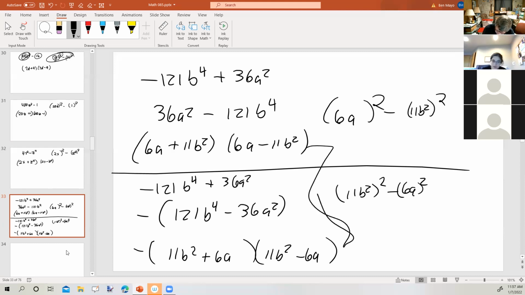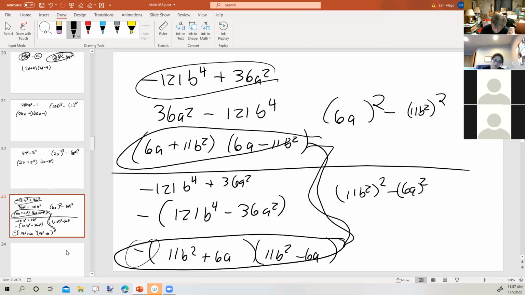And these two answers are equivalent. Don't forget that negative sign, it's part of the final answer. So if you're dealing with a binomial and you want to know if it's the difference of two squares, it's got to be written as a difference, either by commuting the terms or by factoring out a negative. But these are both correct answers.